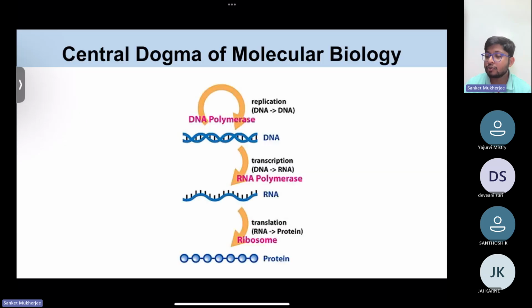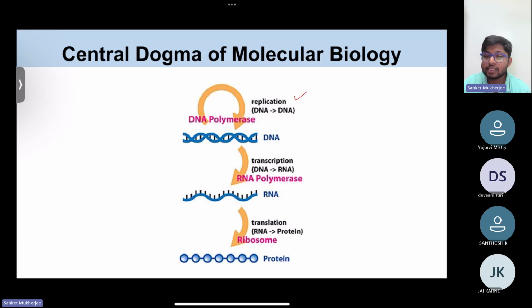nuclease. So talking about the central dogma of molecular biology, it's very simple. Most of you must have studied it. It's basically how DNA forms DNA through replication. The enzyme used in this process is the DNA polymerase. There are various kinds of DNA polymerases with different fidelity and everything else.